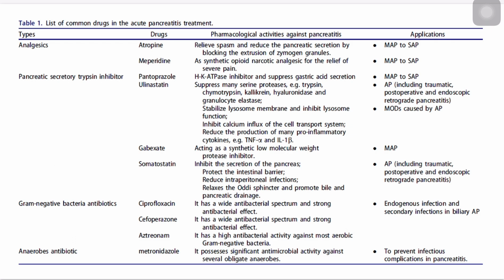Also, we can use meperidine, a systemic opioid narcotic analgesic for the relief of pain. Also, we can use the pancreatic secretory trypsin inhibitor like pantoprazole, the proton pump inhibitors.